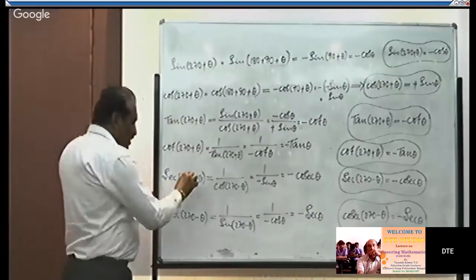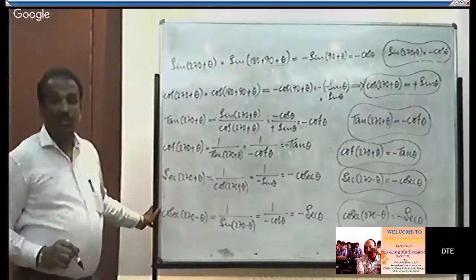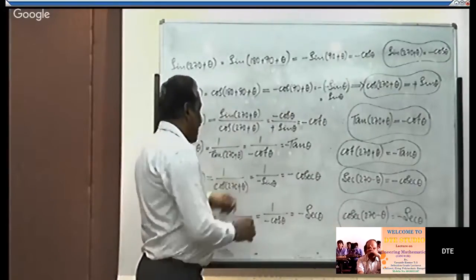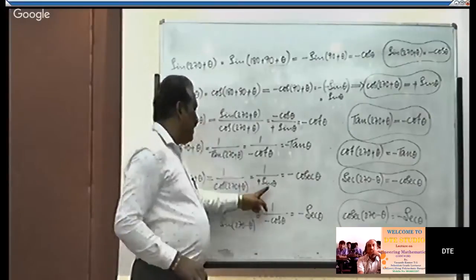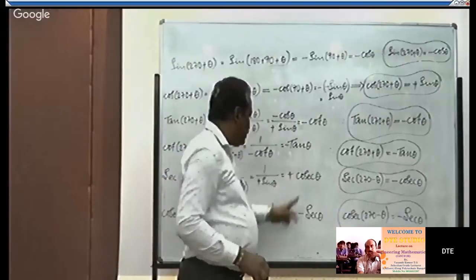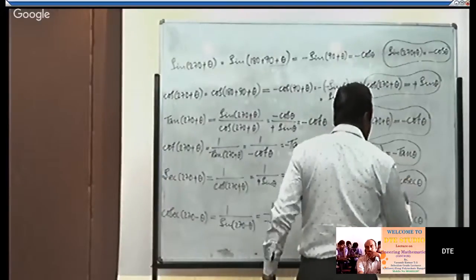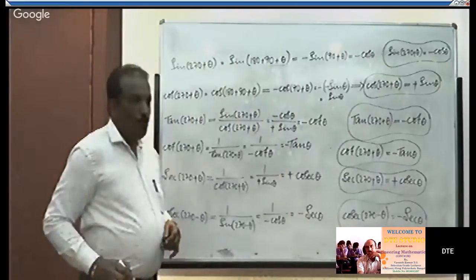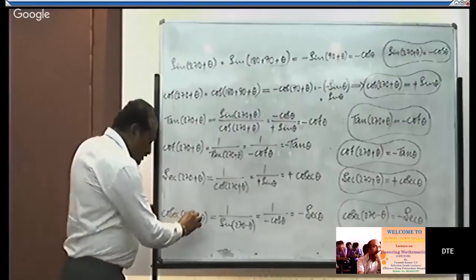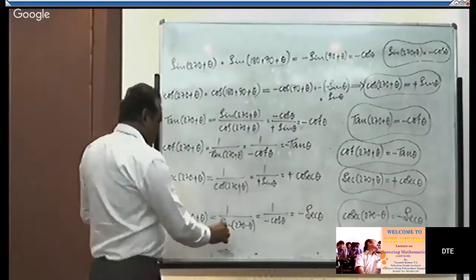Then the secant of 270 plus theta, you can rewrite it as 1 by cos of 270 plus theta. We proved cos of 270 plus theta as sine theta. Therefore, 1 by sine theta is cosecant theta. Therefore, secant of 270 plus theta is equal to cosecant theta only. The last one is cosecant of 270 plus theta. It is a reciprocal of sine.